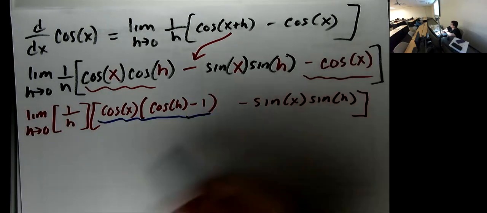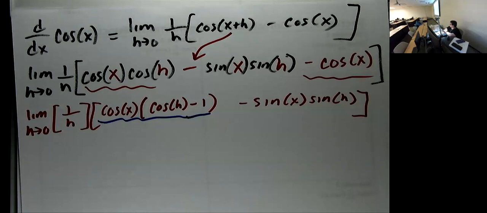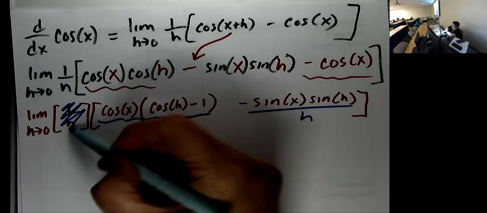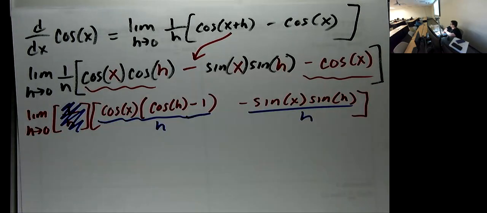Now what? Put them both over h. Let's put the h inside. We just did this with sine. The process is exactly the same, in fact.